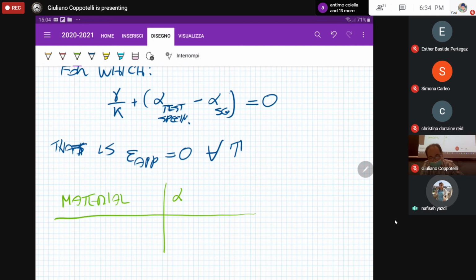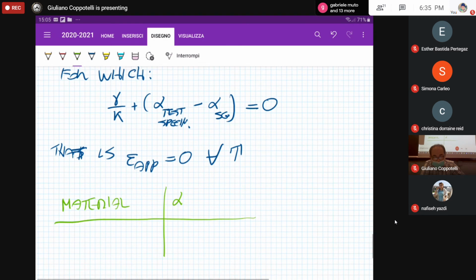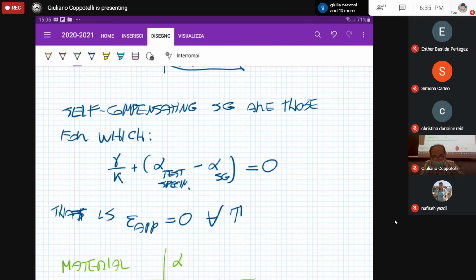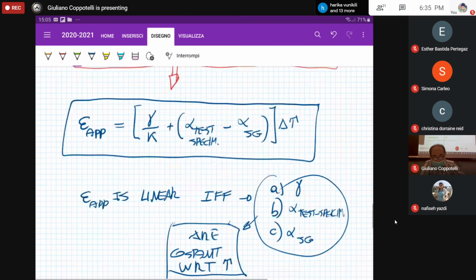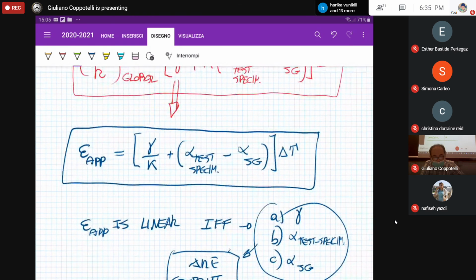Excuse me, professor. I didn't understand the meaning of self-compensating strain gauge. Do you mean if epsilon apparent is a linear function? No, what I'm saying is that if this equation is true, and you use this information in the apparent strain here, that means that the quantity in the square parenthesis is 0.